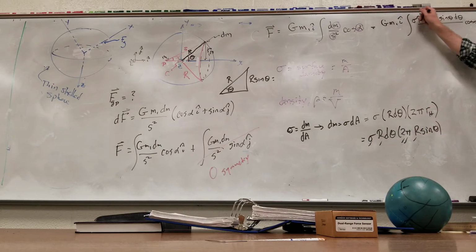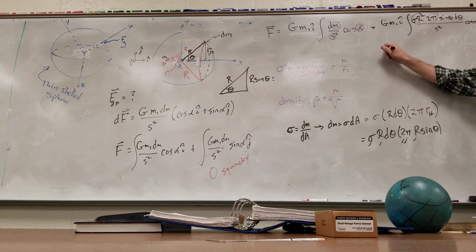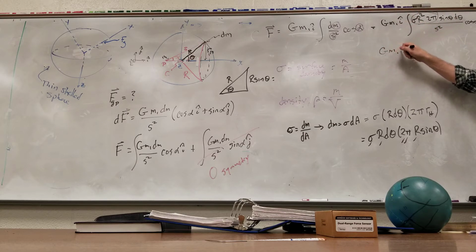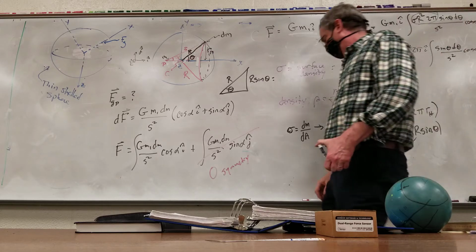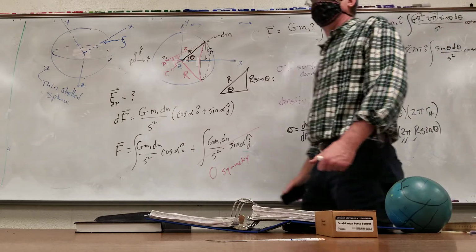This up here, this is all constant. I can just pull that right out. So g mass 1 sigma r squared 2 pi I hat sine theta d theta over s squared cosine alpha. See how much simpler that is? And we still have 3 variables.